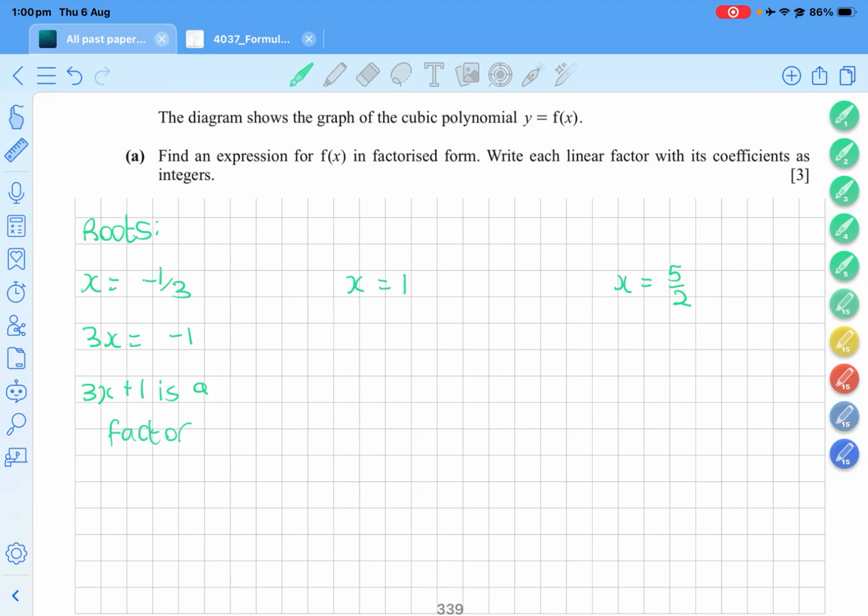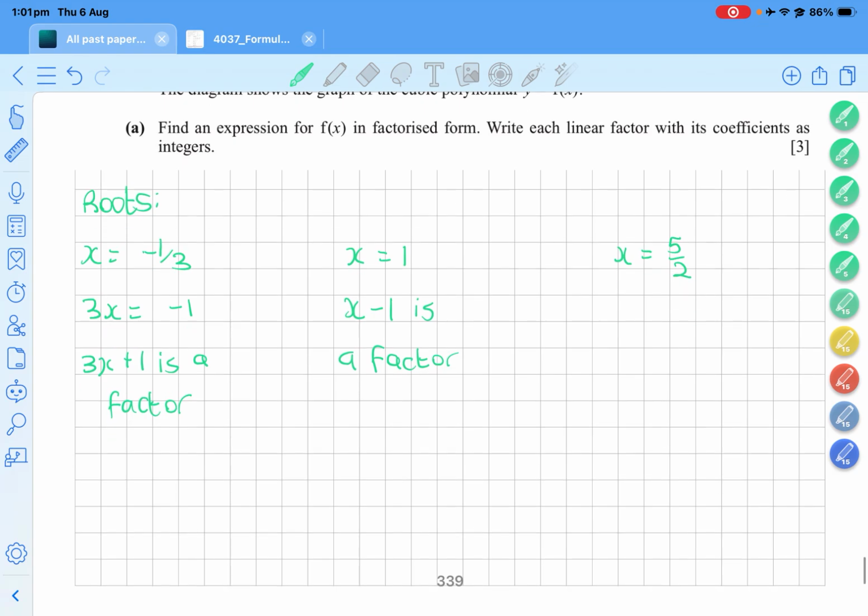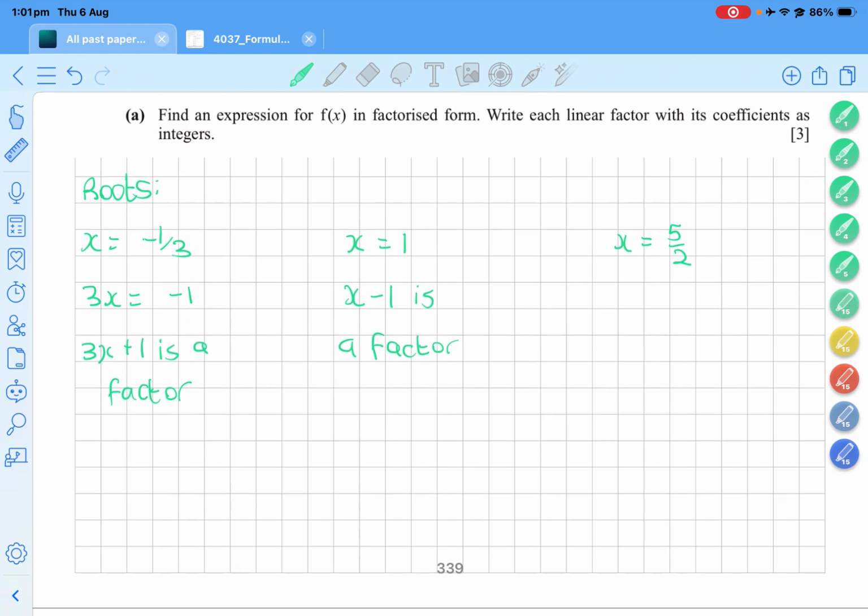Then for this one, x equals 1, so x minus 1 is a factor. And finally for 5 over 2, we could write 2x equals 5, so 2x minus 5 is a factor.